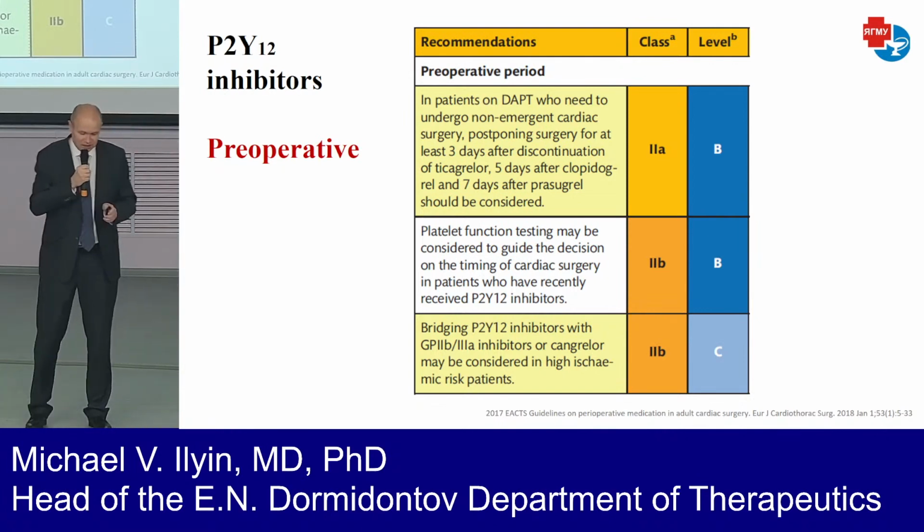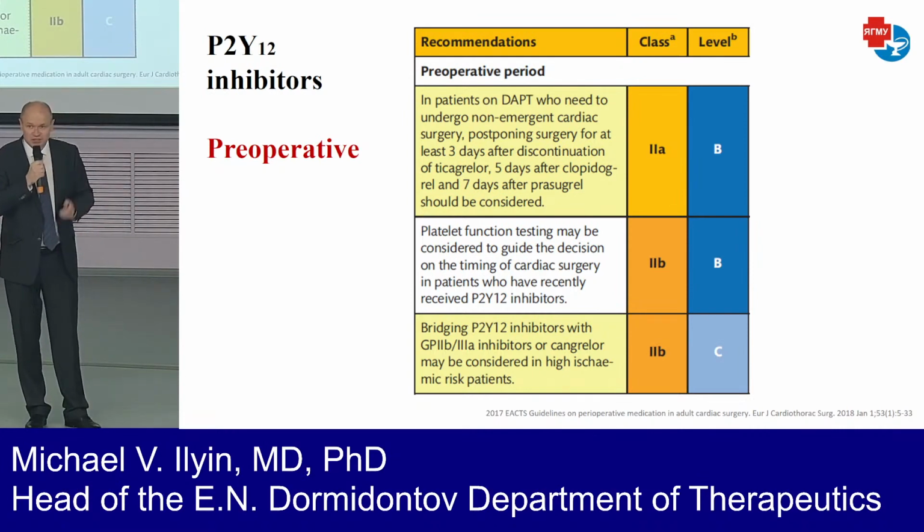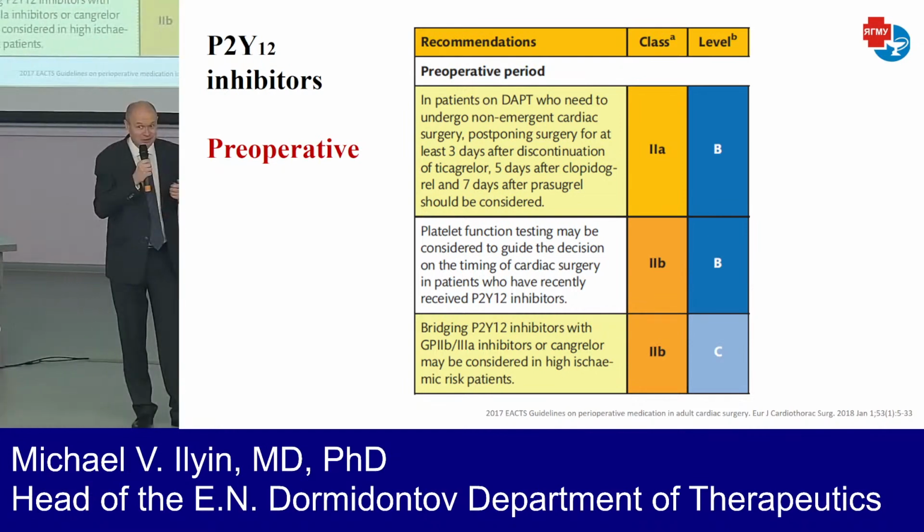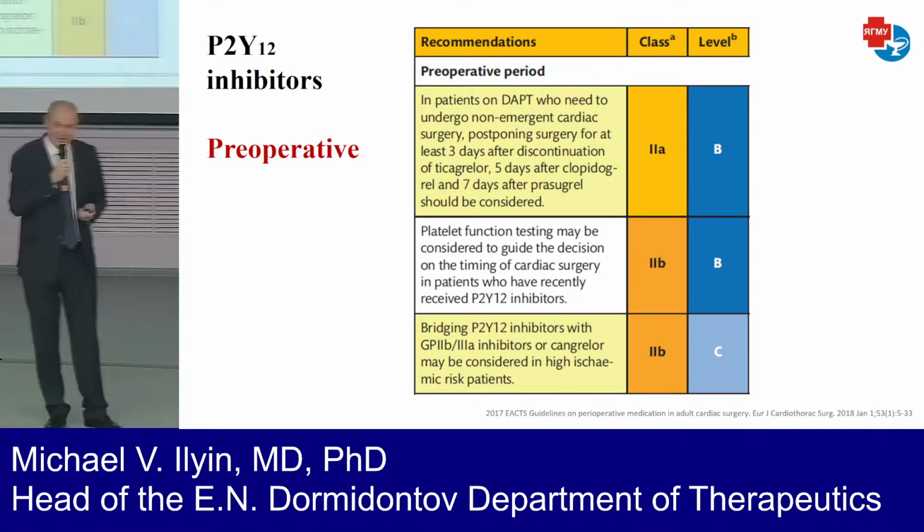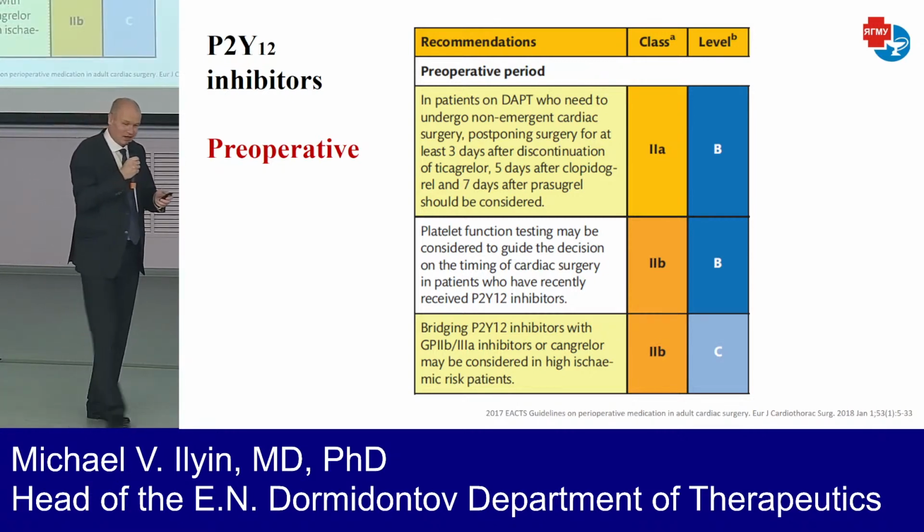This is very important because in our routine practice we do not do so. And that's the way to some new methodology for decision making. This is important for practical doctors.